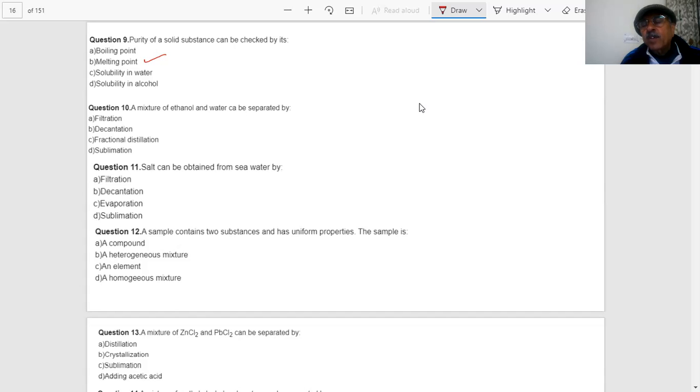If the substance is pure, student, it has a sharp melting point. At one temperature, the entire substance will melt. If it is impure, then there is a range of the melting point. It will start melting and will take more time. Okay, correct answer.